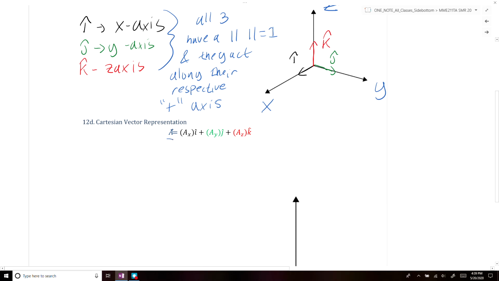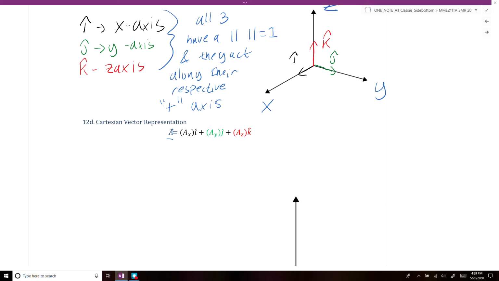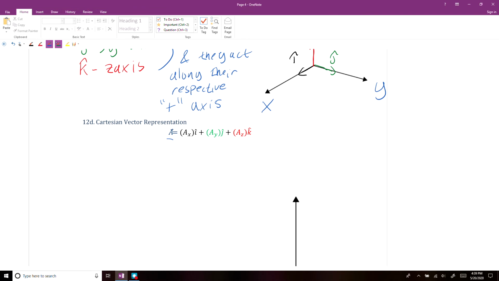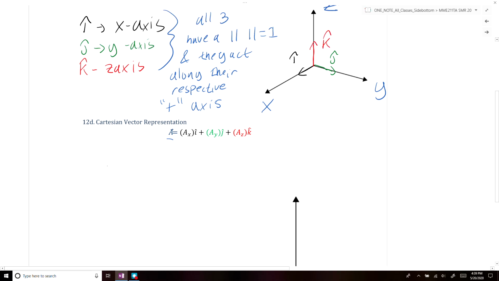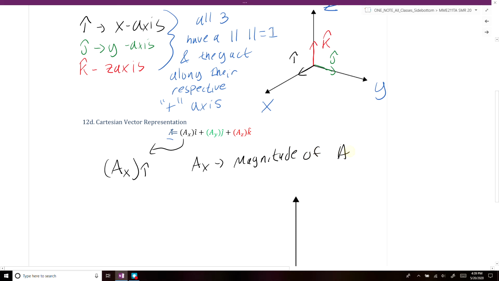The benefit of using the Cartesian vector representation is we can now split our vector A into 3 components. The x component is Ax i, where Ax is the magnitude of vector A along the x-axis and i is the unit vector along the x-axis.